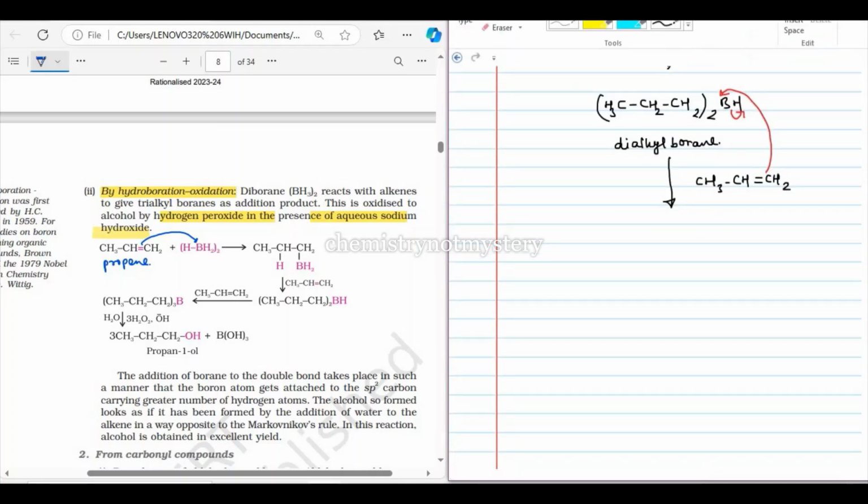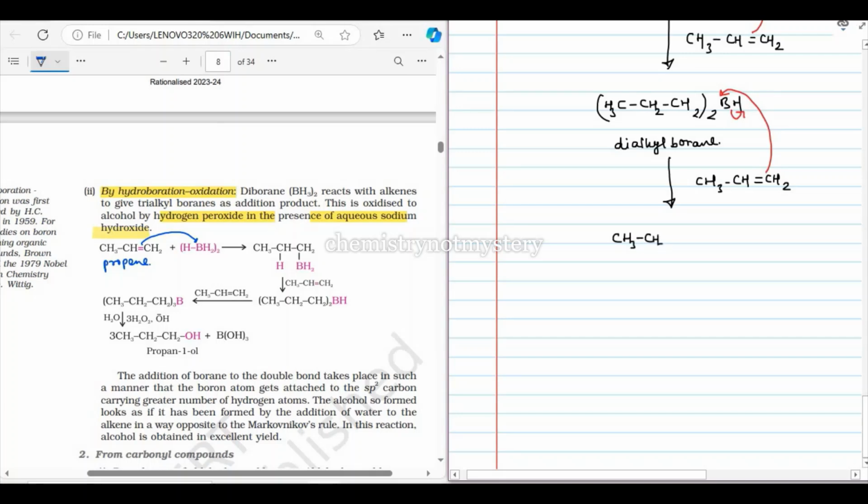So this time you will get trialkyl borane. So here you will get CH3 single bond CH2 single bond CH2 whole thrice boron. So this is trialkyl borane.